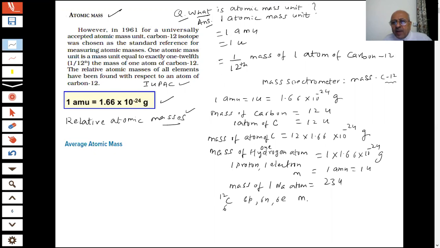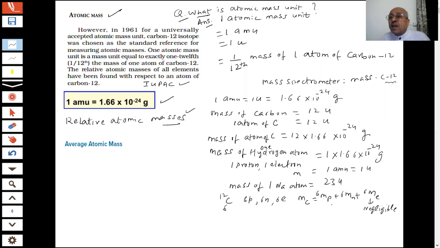So the mass of carbon atom will be the sum of 6 into mass of proton, 6 into mass of neutron and 6 into mass of electron. But this is negligible because the mass of electron is very, very small. So we say 6 plus 6, 12 units.